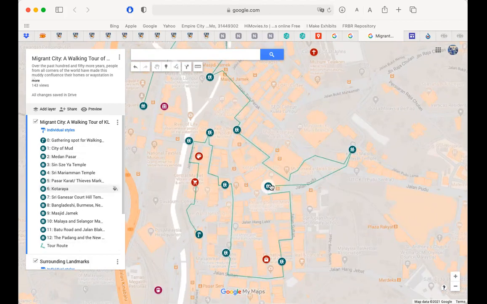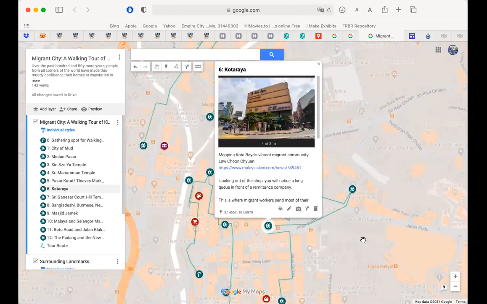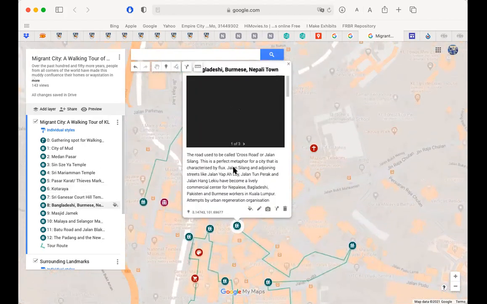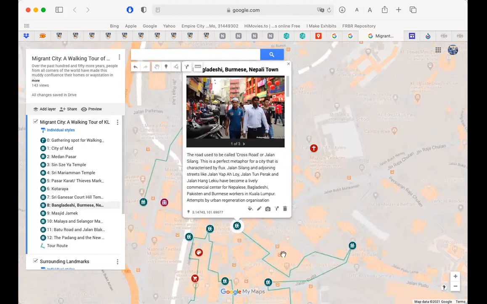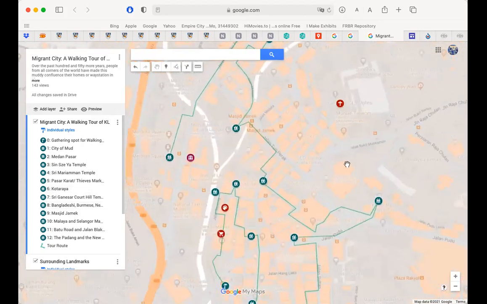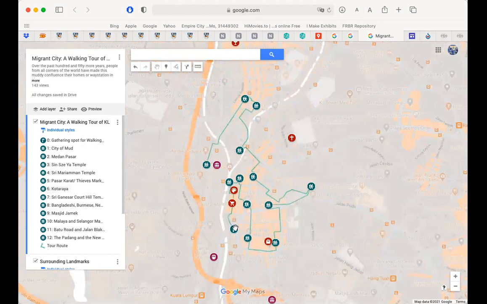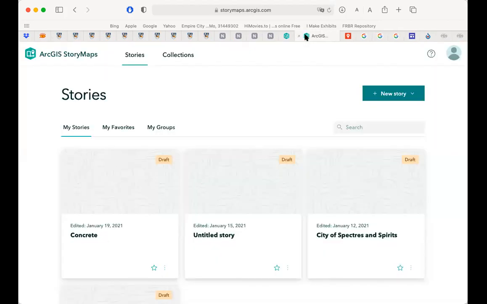So it's the Filipino community in Kota Raya, and the Bangladeshi community in Masjid Jamek, all these things come together with the historical waves of Indian and Chinese migration, and even Malay migration to KL. So a walking tour can be one format where you can even chart out routes across a city space to invite people to use this on their next walk around KL.